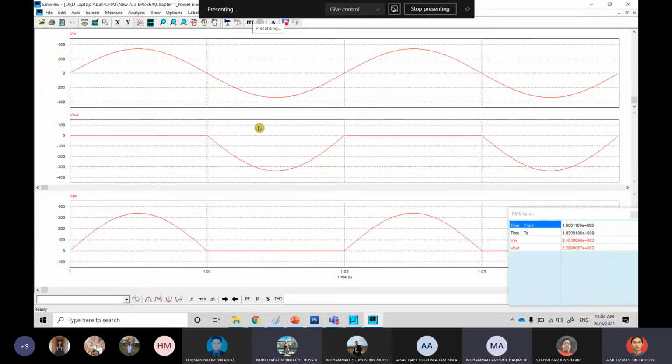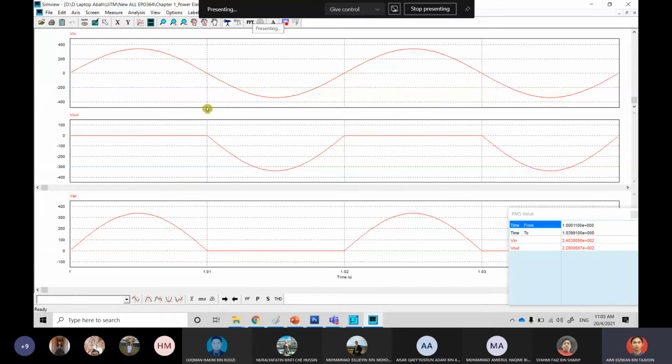Okay, VA tak ada masalah, is similar macam yang sebelum ni. So it's just positif 240, negatif 240. Okay, tetapi V out dekat sini kosong and then VAK ada.